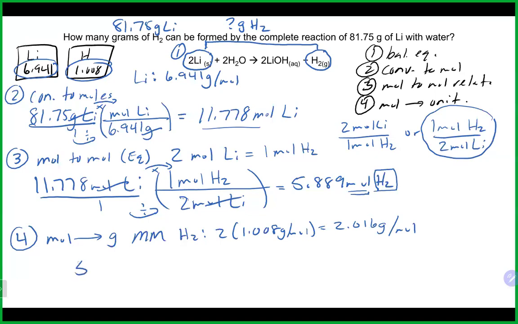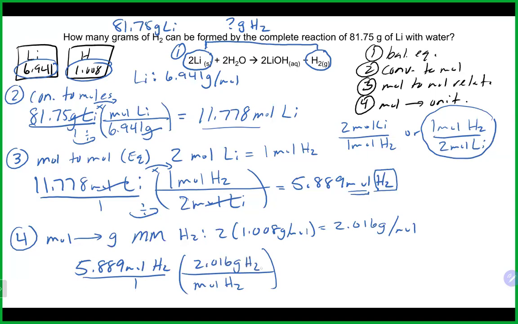So to finish this problem up, 5.889 moles of hydrogen. Again, hydrogen is up on top, so moles of hydrogen got to go on the bottom to cancel, and the grams will go up on top. Again, when we multiply and then divide, go right to division.